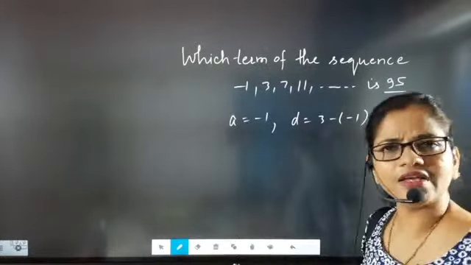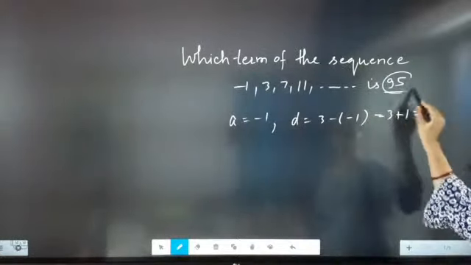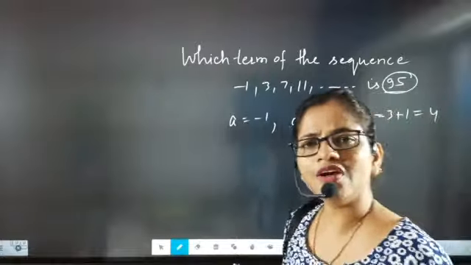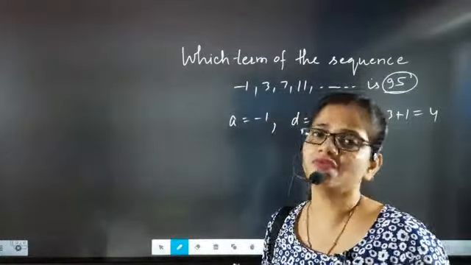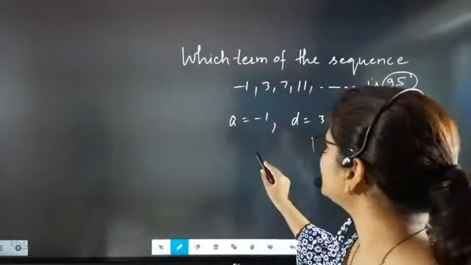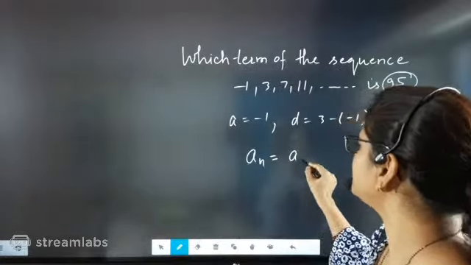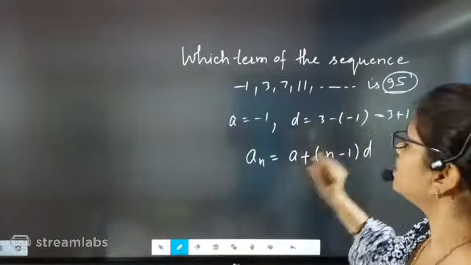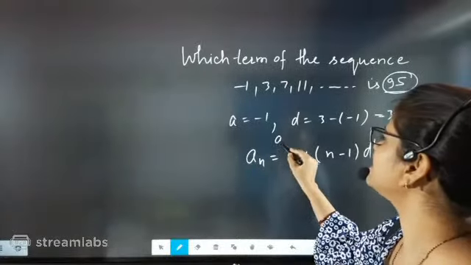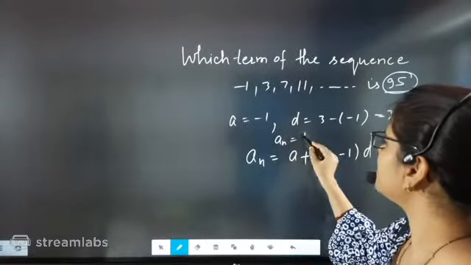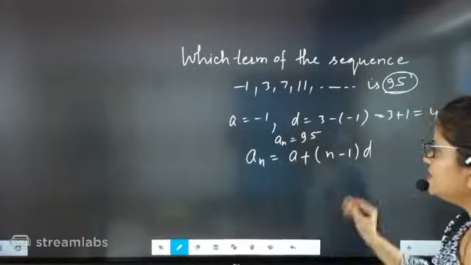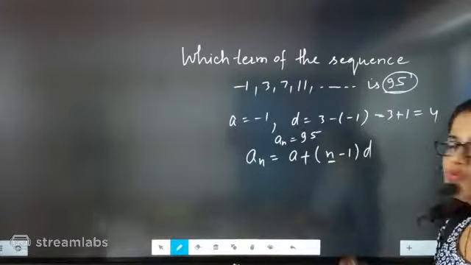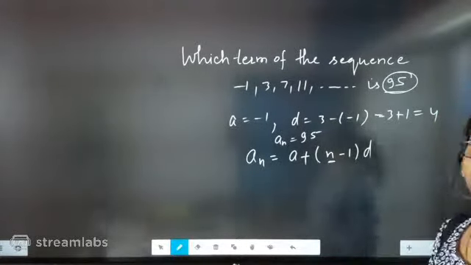Now they are telling that one term has value 95, and you have to tell which term this is. That means the general formula is going to help us. This nth term formula always helps us. So let us consider that the nth term value is 95, and they are asking which particular term this 95 is.